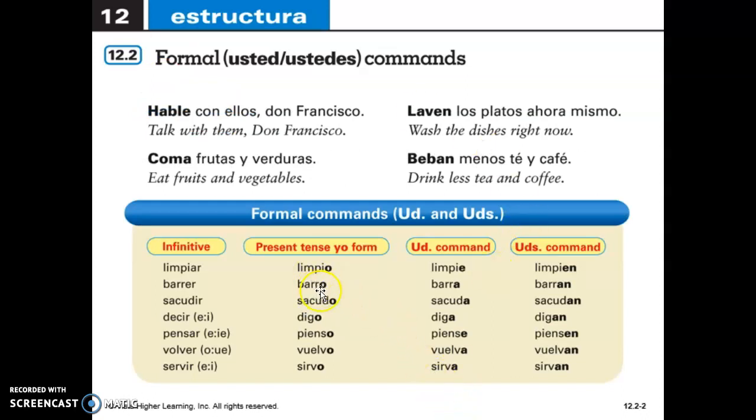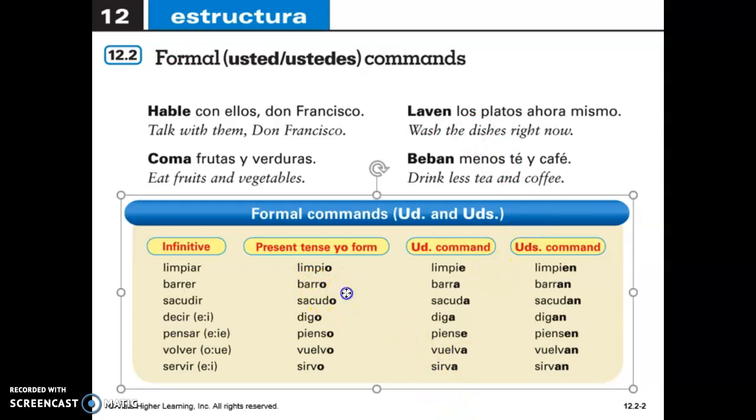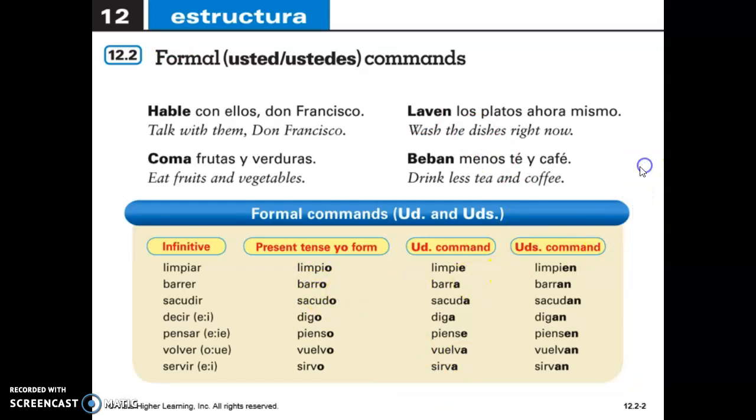Now, here you have a chart, and I really want you guys to study this chart because this is going to help you figure out the form that you are going to use with these usted or ustedes commands, okay? So if you can see over here, we have the verb limpiar, and then along with the present tense, your form is going to be limpio, but the command is going to be limpie, okay?